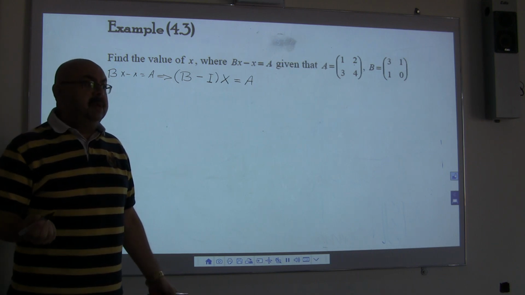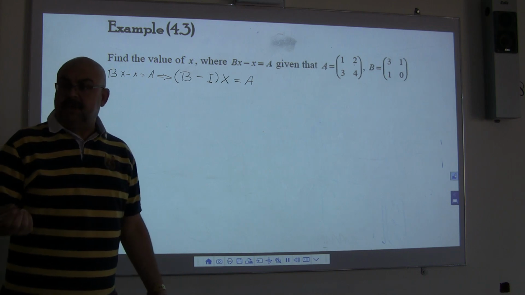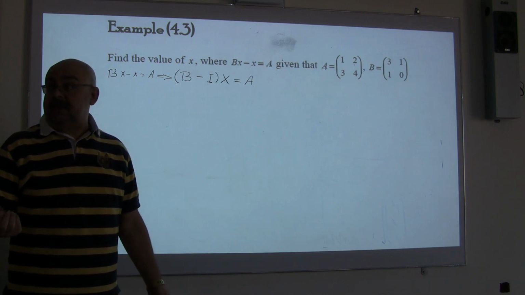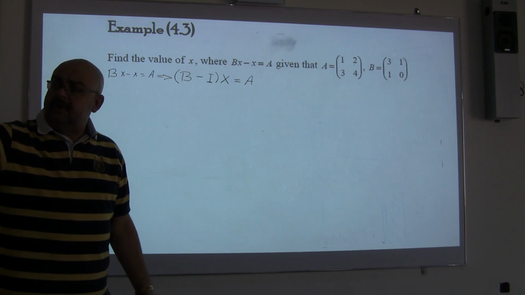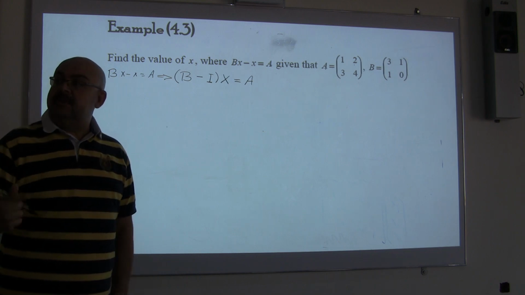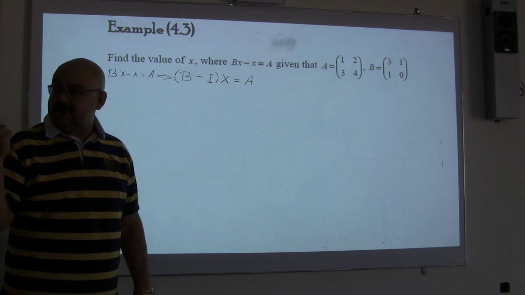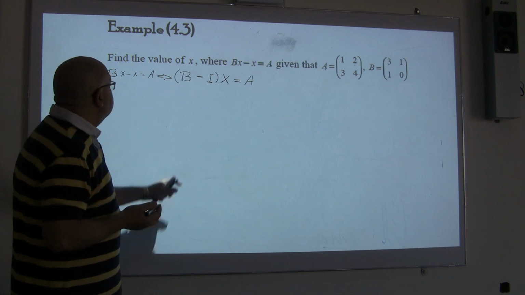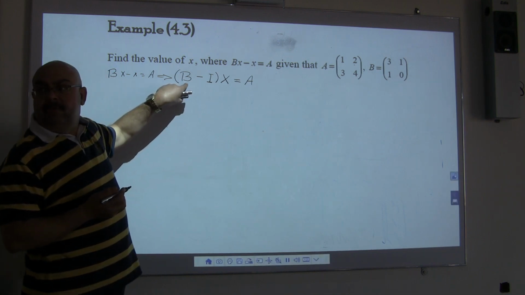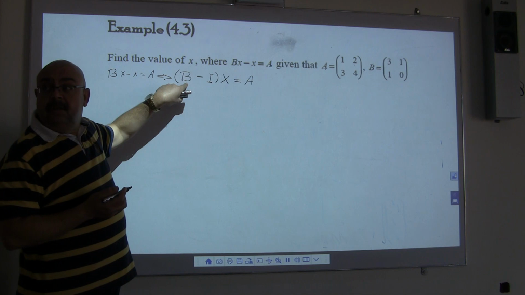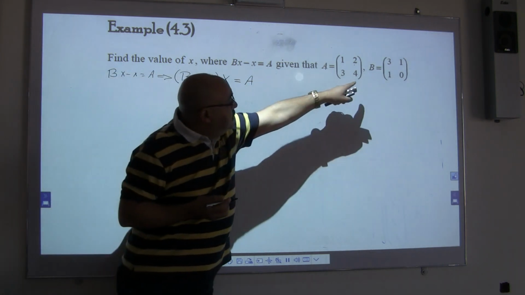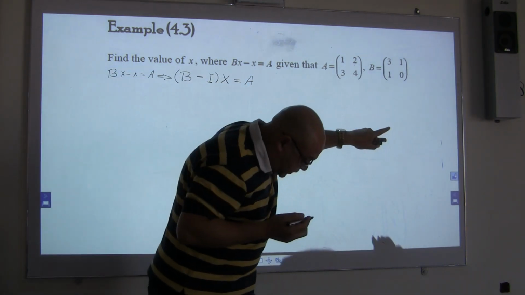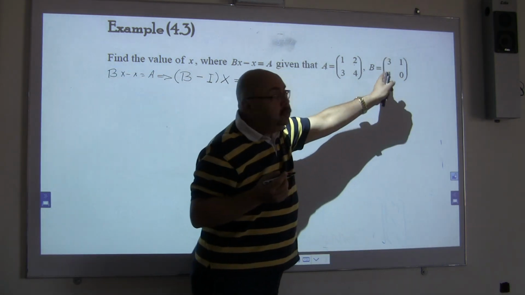Any idea about the dimensions of all of these matrices? Those are not numbers, those are matrices. What's your name? Okay, so what's the dimension of B? 2 by 2. How many rows, how many columns? For the B matrix, as you can see, we have 2 rows and 2 columns.